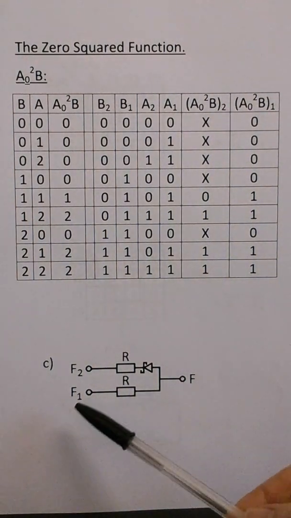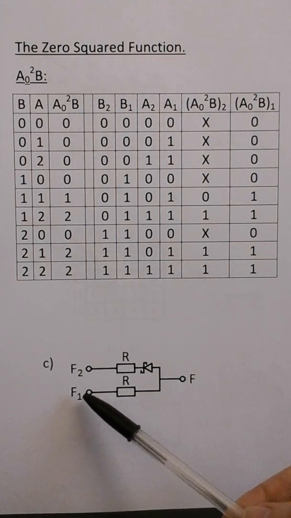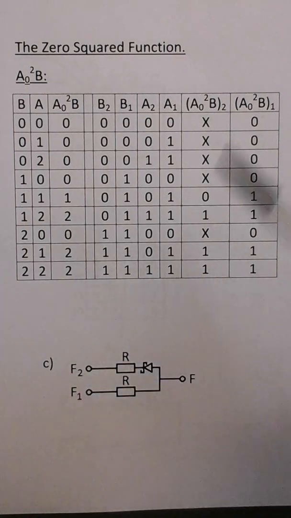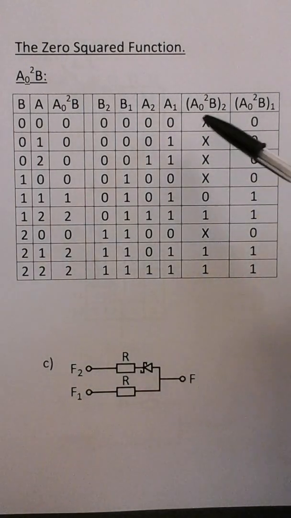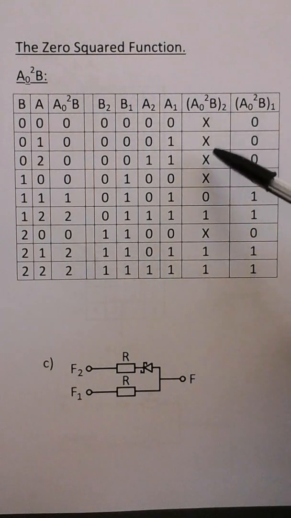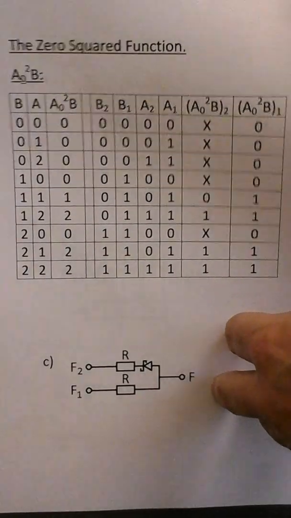So here, if F1 is a 0, F2 can be a 0 or a 1, and that is an X, don't care state. So this is here, A0 squared B1 is a 0, A0 squared B2 is an X. Right. So we'll move to the Karnaugh maps.